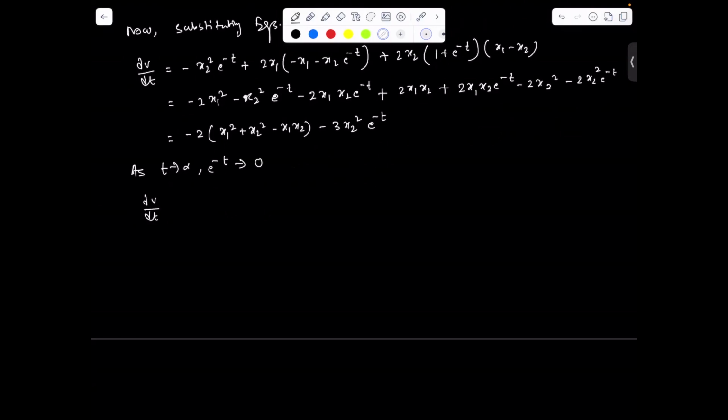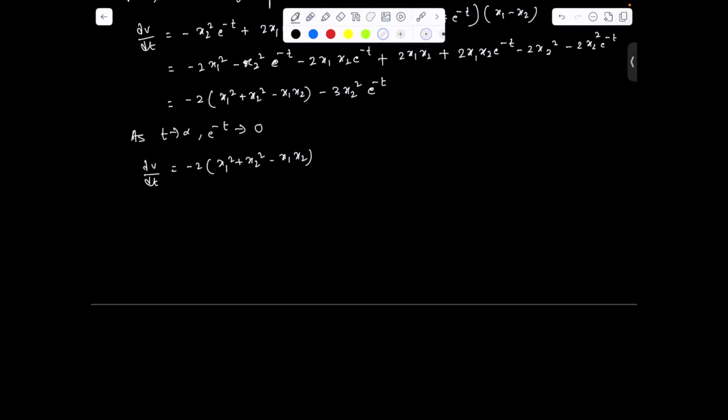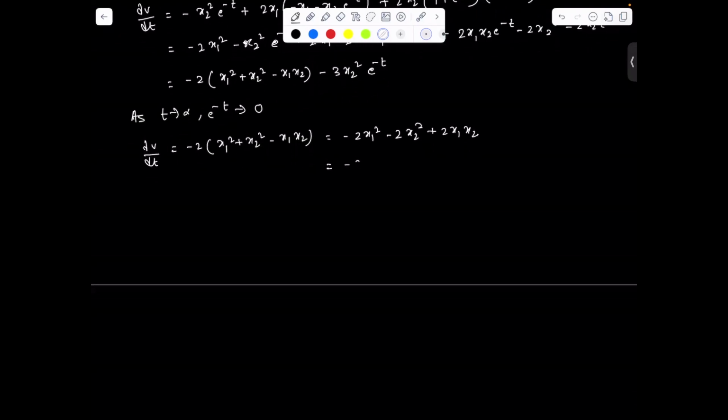So if you take time tends to infinity, we can write minus 2 x1 square plus x2 square minus x1 x2. And from this, we can write further minus 2 x1 square minus 2 x2 square plus 2 x1 x2, or we can write minus x1 square minus x2 square minus (x1 minus x2) whole square.